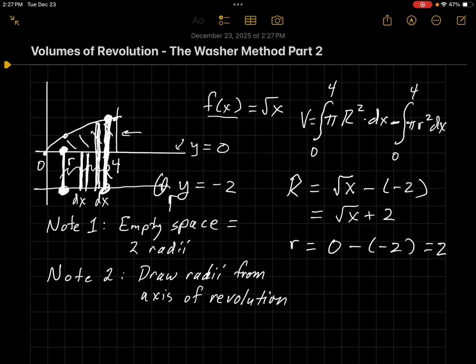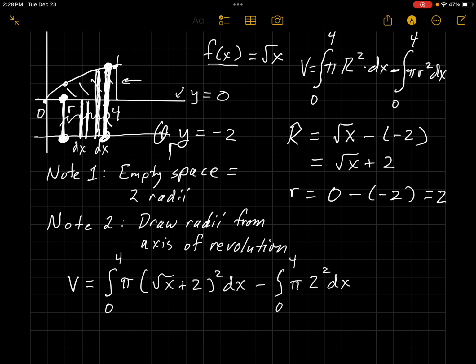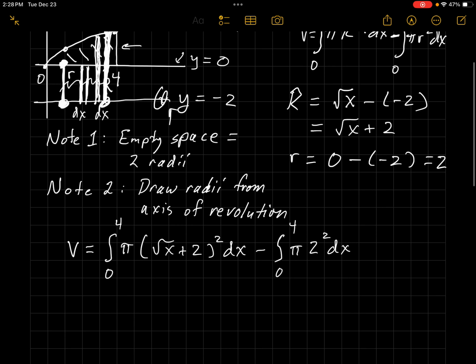And then simply put these radii into our volume formula. So my big radius is root x plus 2. My little radius is 2. And then we can do the algebra on this to find the actual volume.